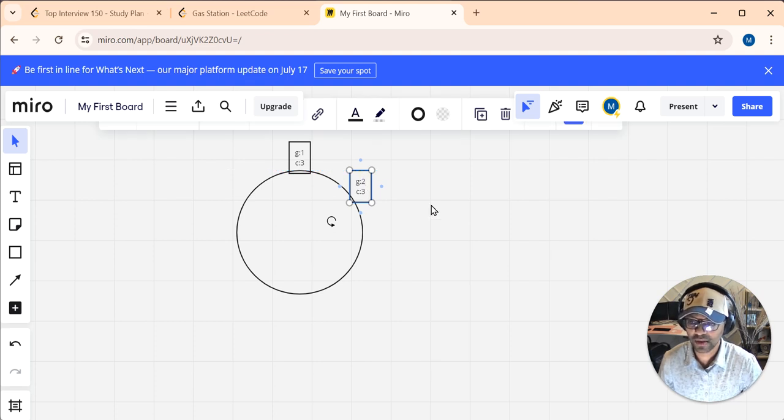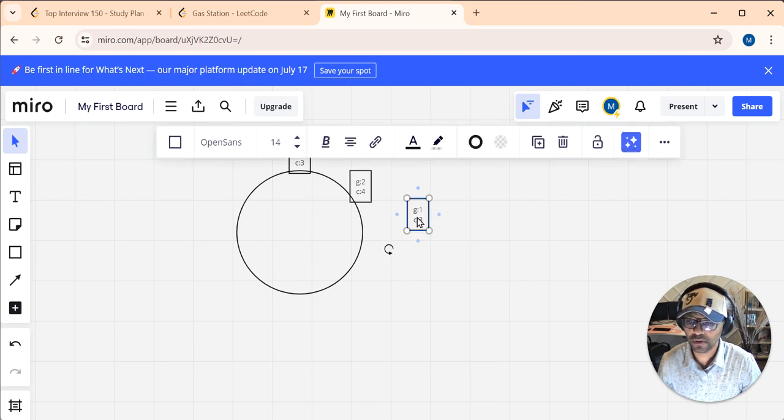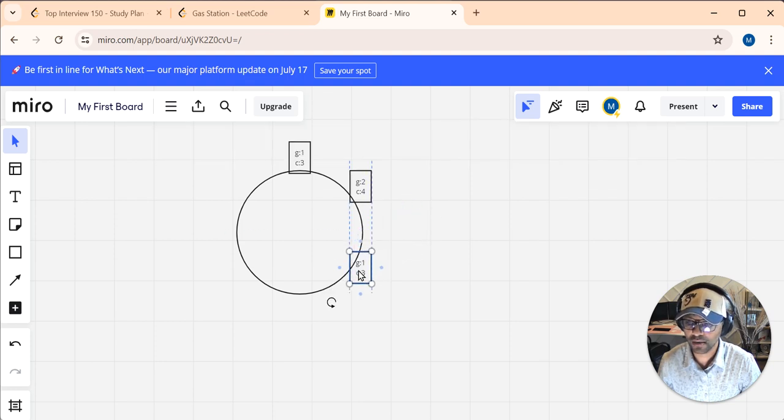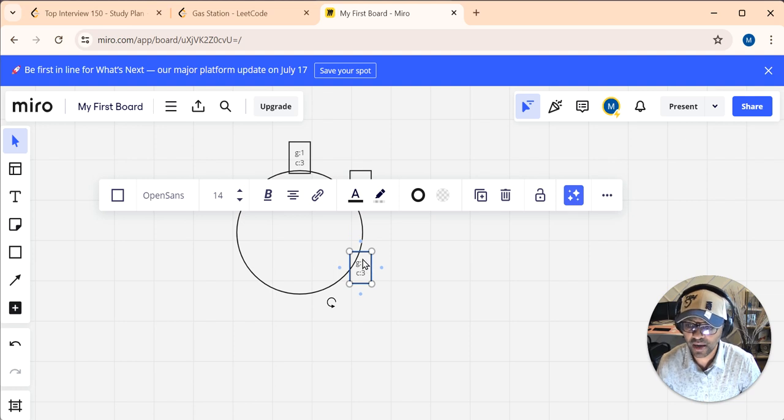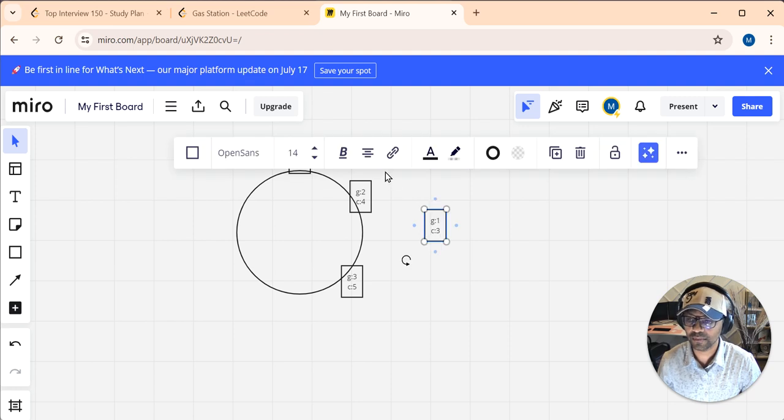So the gas at the second station is 4, and the cost is 4. Then the gas at the third station is 3, but the cost is 5. I'm not going to try to draw this equidistant, it doesn't matter.